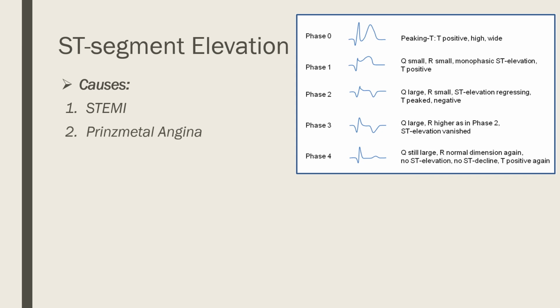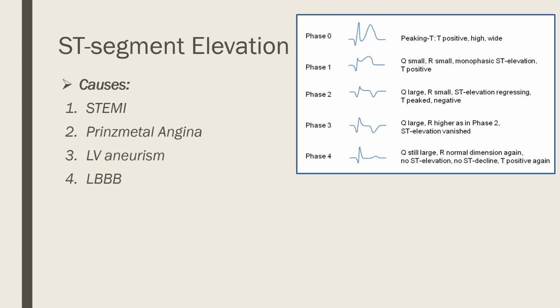The second cause of ST elevation is Prinzmetal angina, which is transient ST elevation, less than 20 minutes. The third is LV aneurysm, in which there is persistence of ST elevation after myocardial infarction for more than 3 weeks.